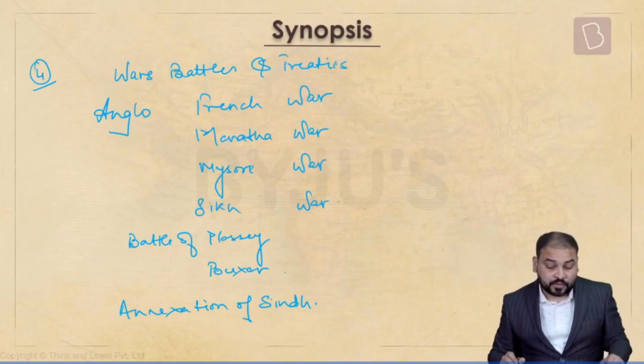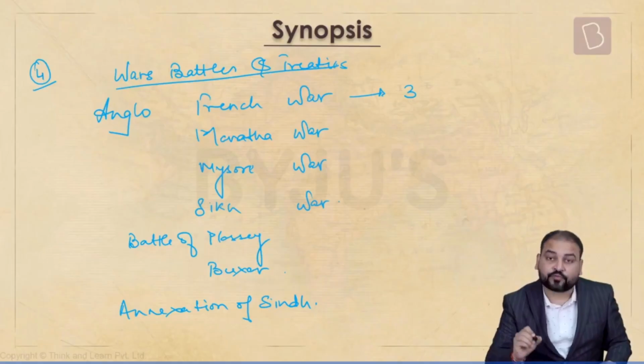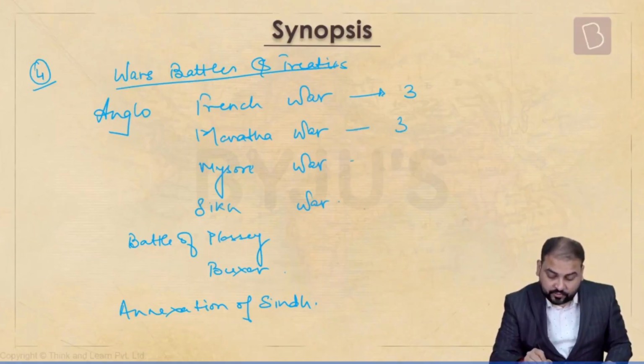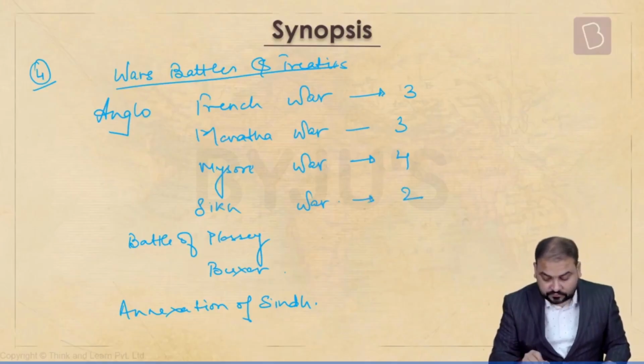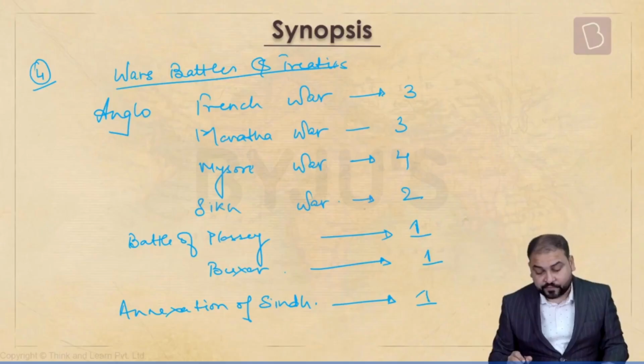So if you see here, under this chapter, we shall have 3 Anglo-French wars, 3 Anglo-Maratha, 4 Anglo-Mysore, 2 Anglo-Sikh, 1 Battle of Palasi, 1 Battle of Buxar, 1 annexation of Sindh.